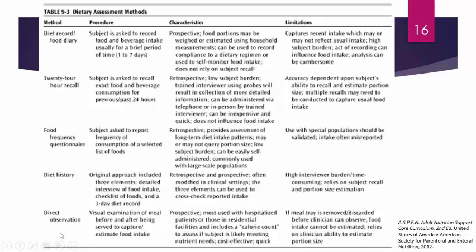In contrast, direct observation is another tool you can use, and it's essentially just visual examination of a meal before and after it's served to the patient. It's used a lot of times in hospitalized patients or residential patients, and may include what we call a calorie count to assess if a patient's meeting their nutritional needs.